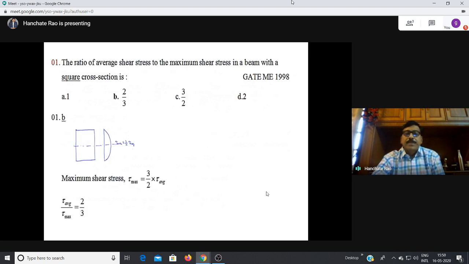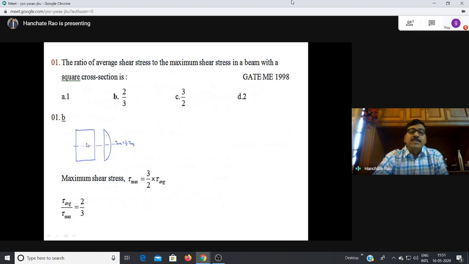So we'll see some problems from mechanical engineering GATE previous question papers. The ratio of average shear stress to maximum shear stress in a beam with square cross section is. This I have already explained in my previous class. For a rectangular or square cross section, the shear stress varies as a parabolic distribution.